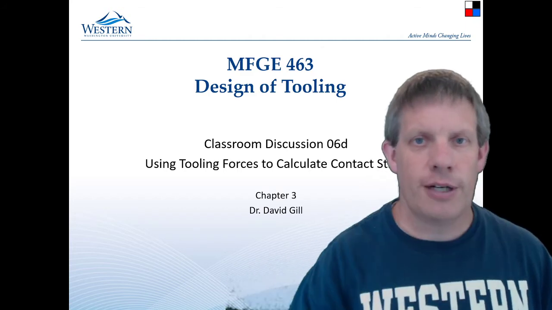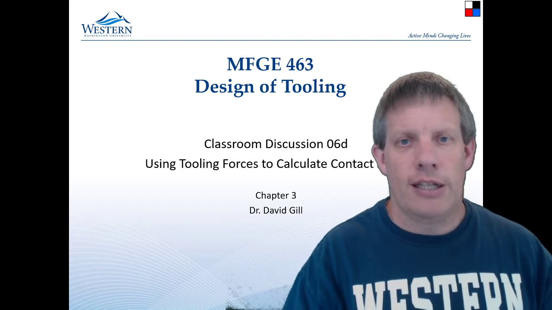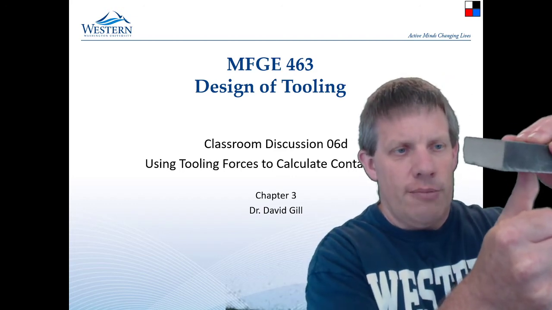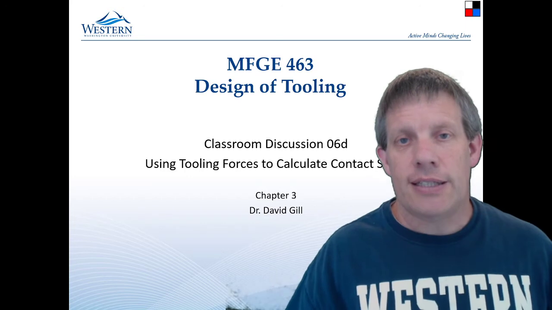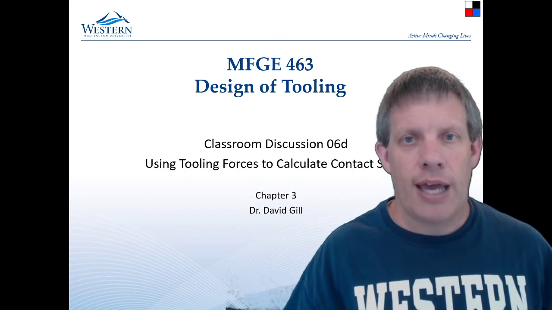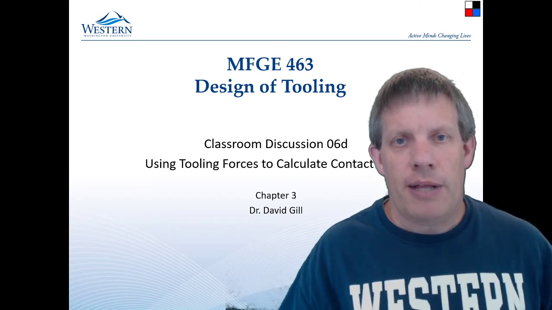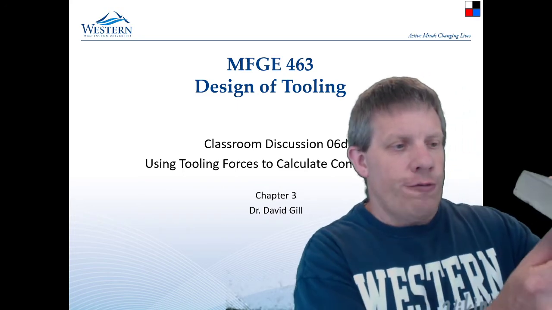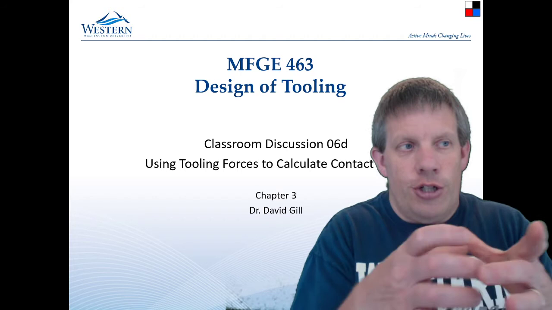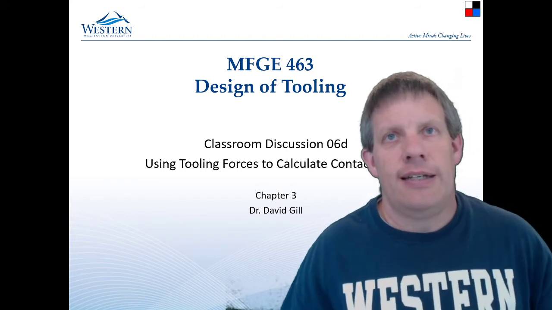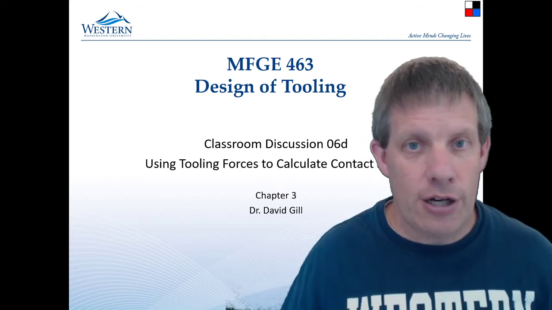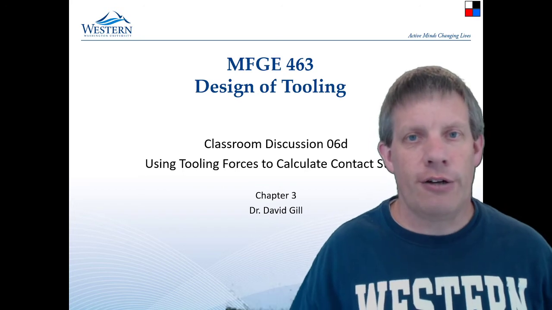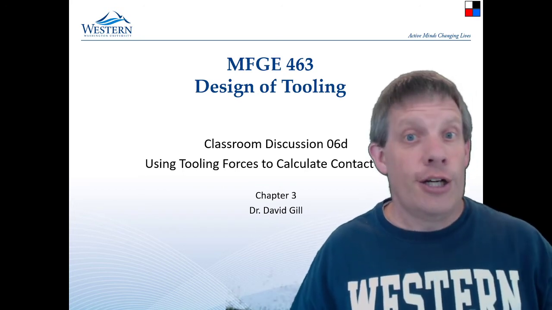There will be some point where it levels out, depending on how hard I'm pushing down. If that's in the elastic region, that's okay. If it is in the plastic region and it dented our part, then it's probably not okay. But the further we push it down, the larger that area gets, and so the whole thing is really complicated. It's very hard to figure out on your own.